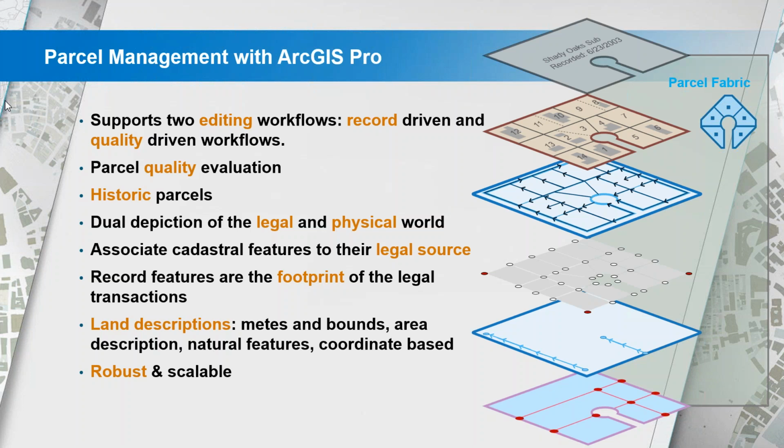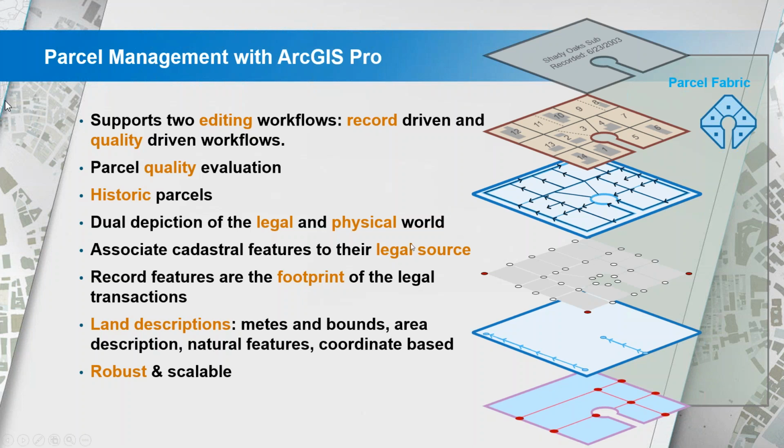The only way we could do that, though, was to run a parcel check command that would list out a series of object IDs, and then I would have to go search the fabric. With the Pro Fabric, we can zoom, highlight, and click on particular errors, just like we would with a topology error. We might even be able to right click and have a particular fix for that error. So parcel quality is something that we've really improved upon within the Pro Parcel Fabric.